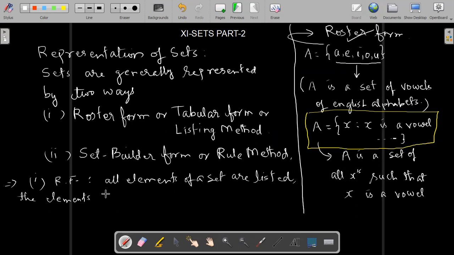Here these are commas. So the elements are separated by commas.